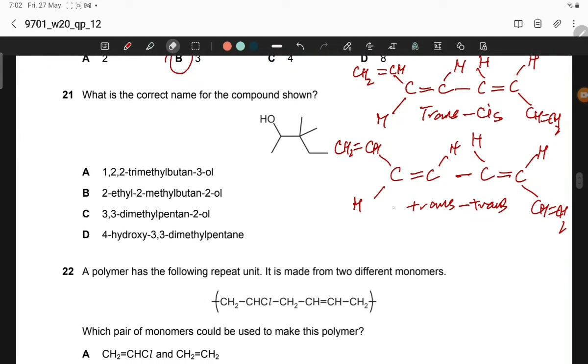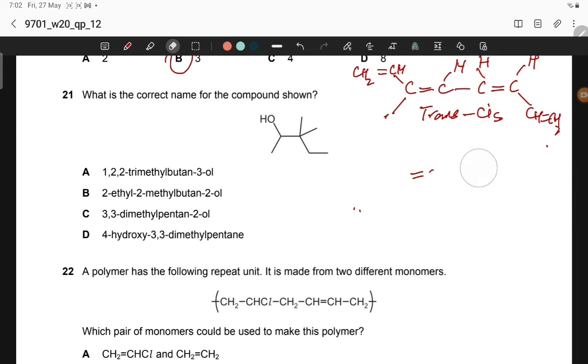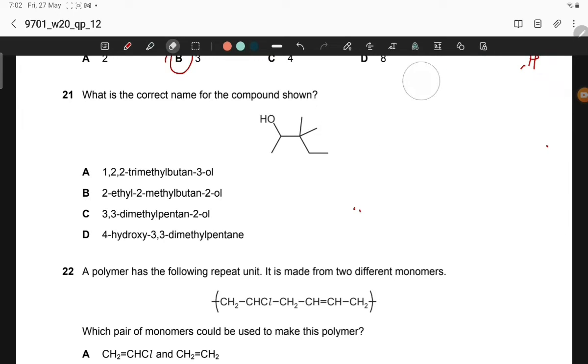Question number 21. What is the correct name for the compound shown?